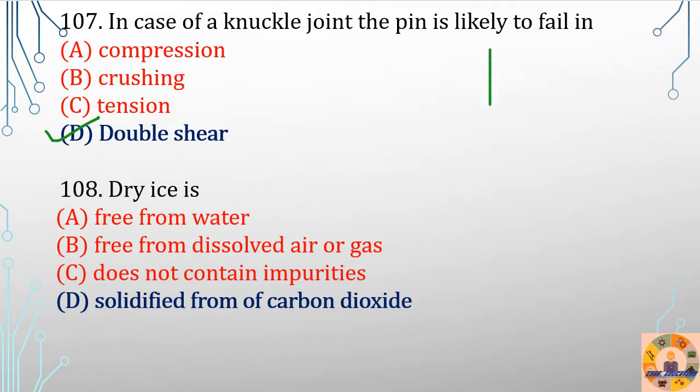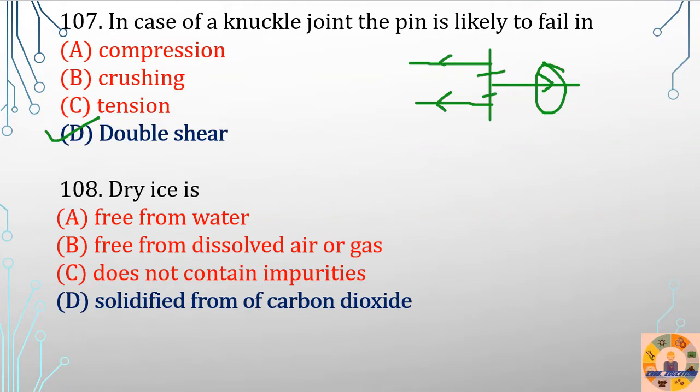Let this be a pin. Due to these forces, one failure occurs here and another failure occurs here. So double shear occurs. Next question.